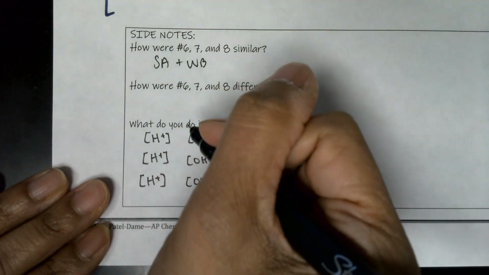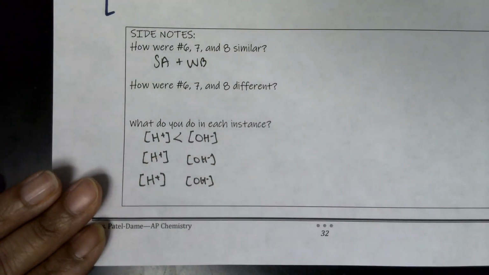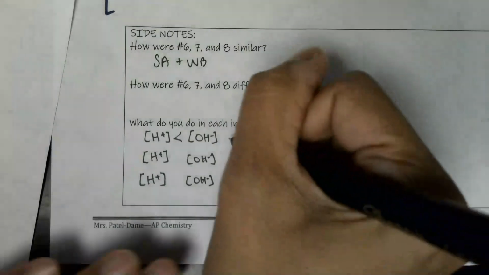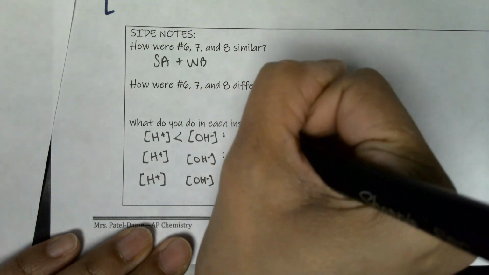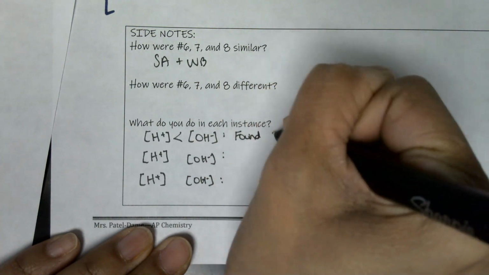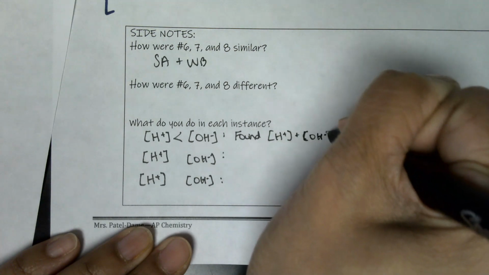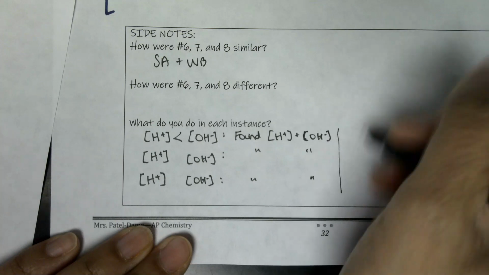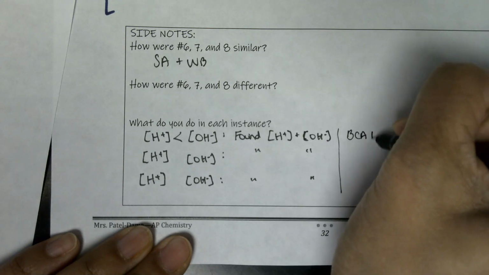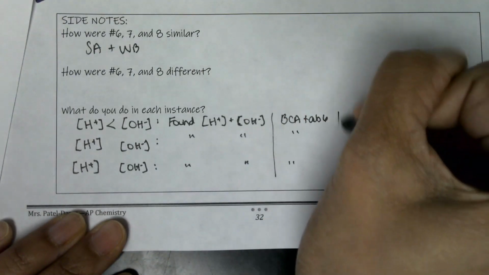So for this one, I had weak base in excess, so I had a greater amount of OH minus, and that was for number 6. We did the same exact thing for each one of them. We found the concentration of H plus and OH minus. Then we put it into a BCA table, which we did for each of these.